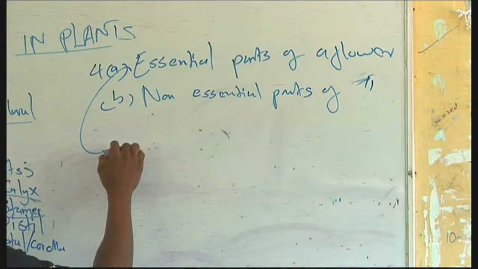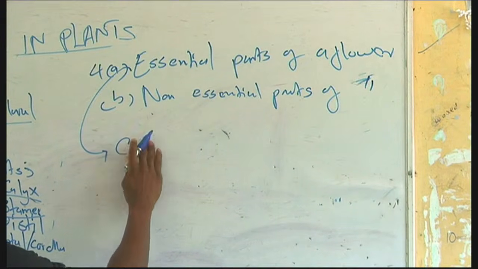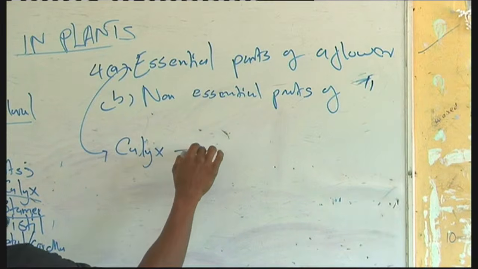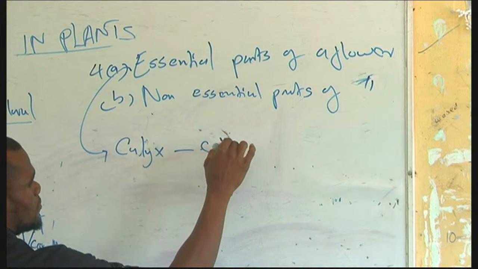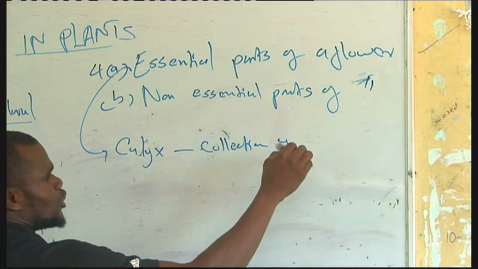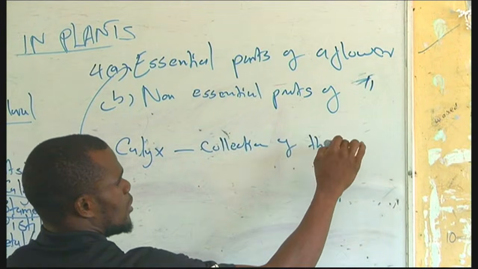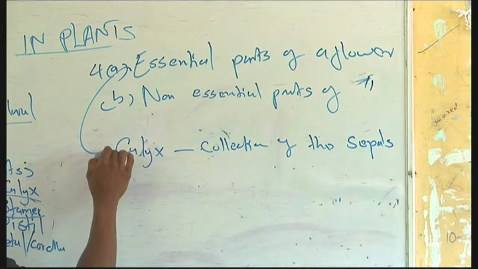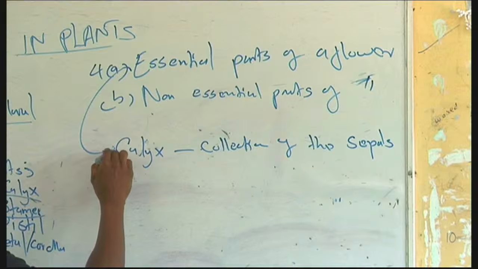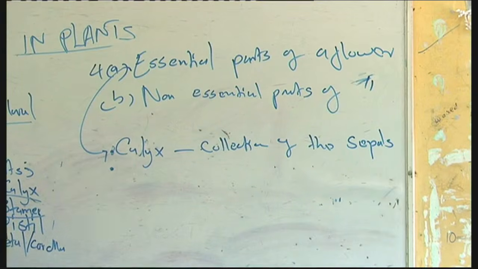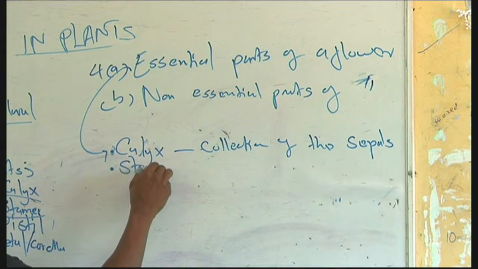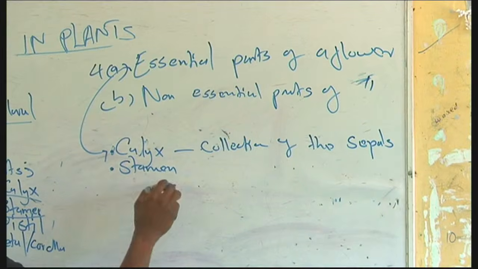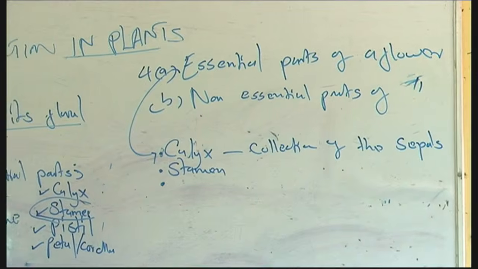Like here we talked of the calyx, which is the collection of the sepals. And then we also have the stamen, which is the male part of a flower, which consists of anther and filament.